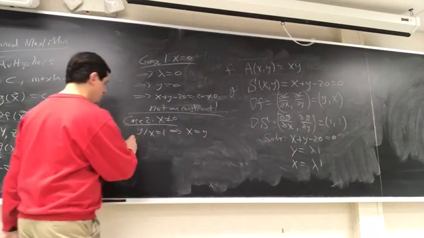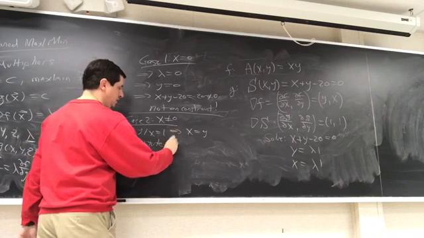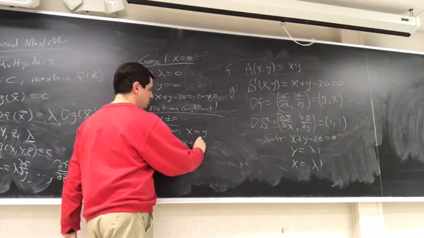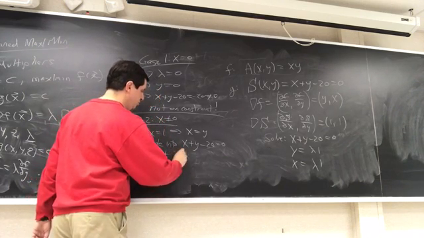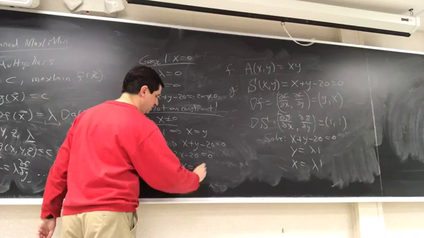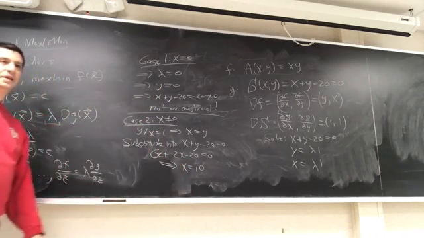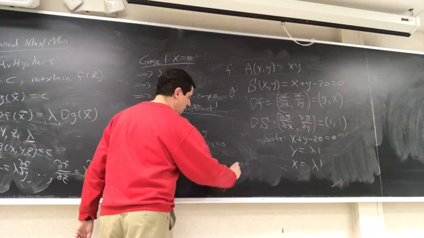So now I substitute into x plus y minus 20 equals 0. We get 2x minus 20 equals 0. Therefore, x equals 10. And now that we know x equals 10, we immediately get y equals 10 as well.